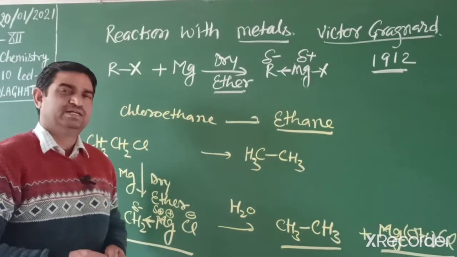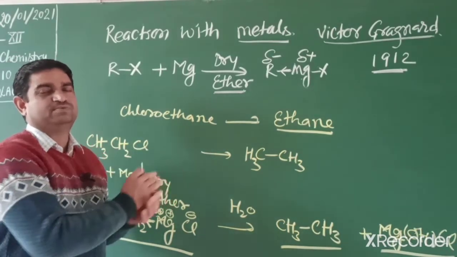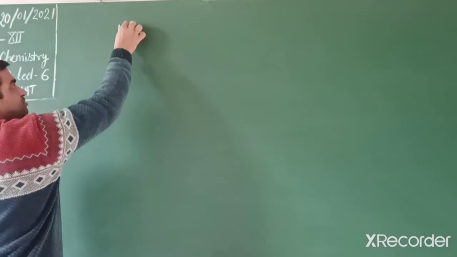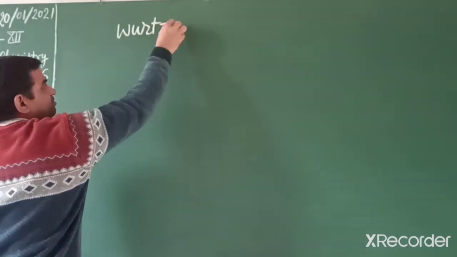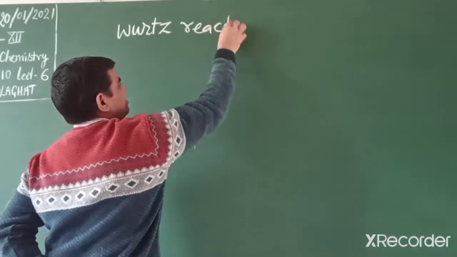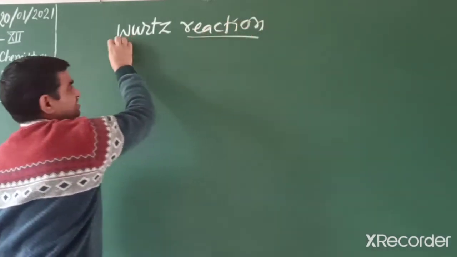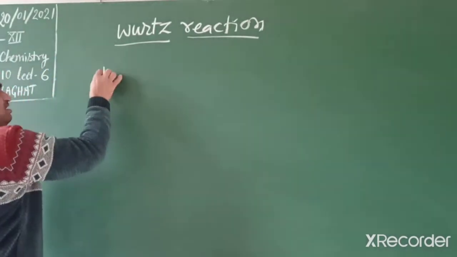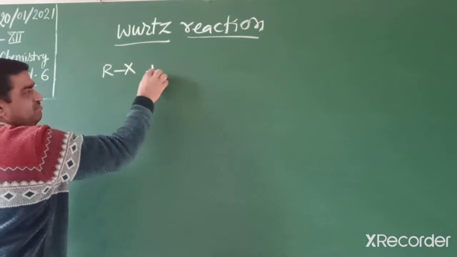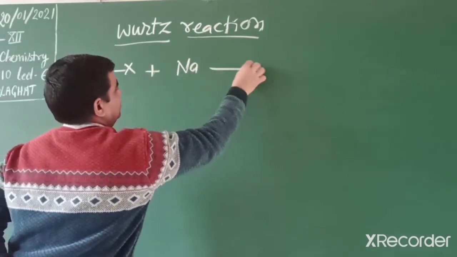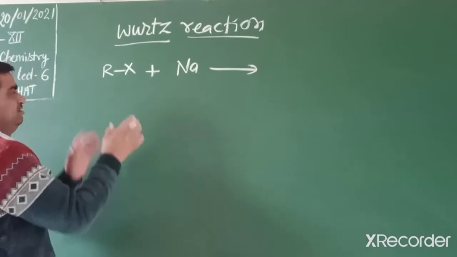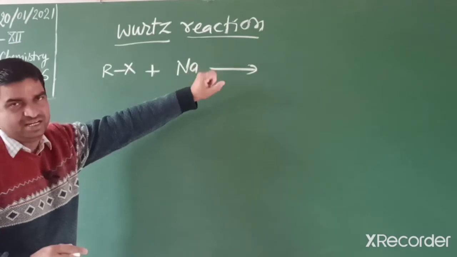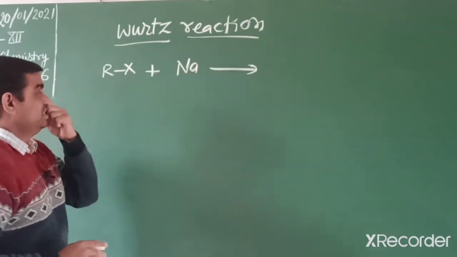Now we explain another reaction, with sodium metal: Wurtz reaction. This reaction we already studied in 11th class, students. When an alkyl halide reacts with sodium metal, we know sodium is a highly reactive metal, so this also needs a dry medium, that is dry ether.